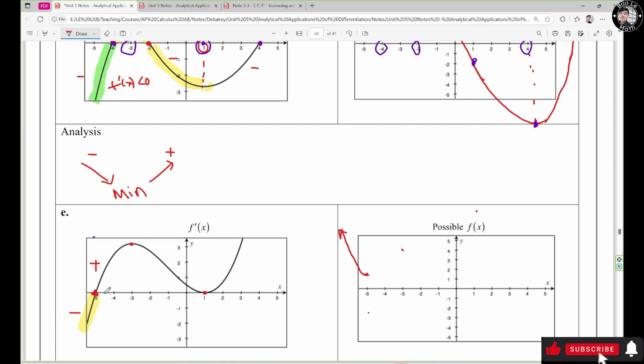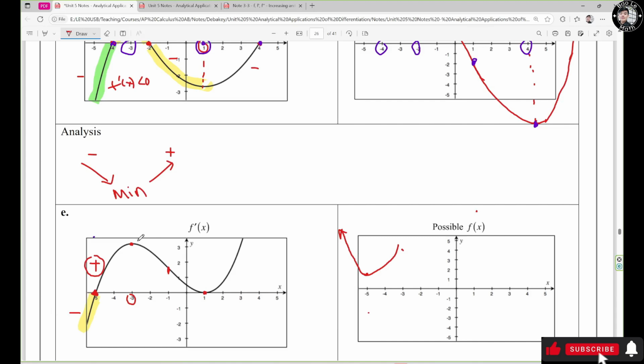From negative 5 to negative 3, f prime of s is above the axis, so it is increasing, right? From negative 3 to negative 1, right here, f prime of s is above the axis, so it keeps increasing, right?